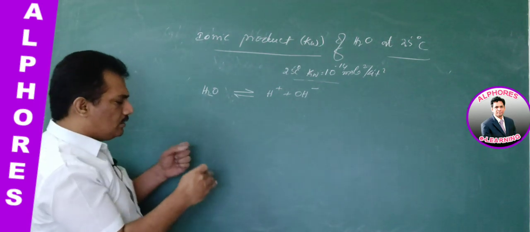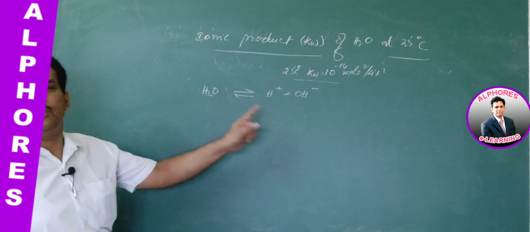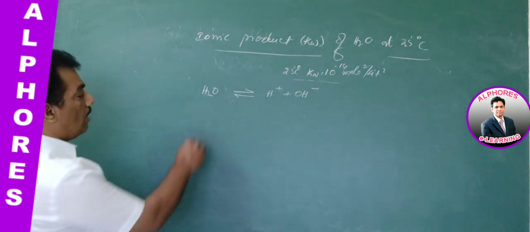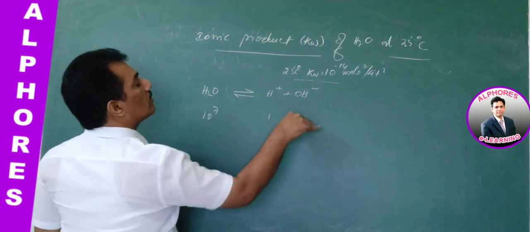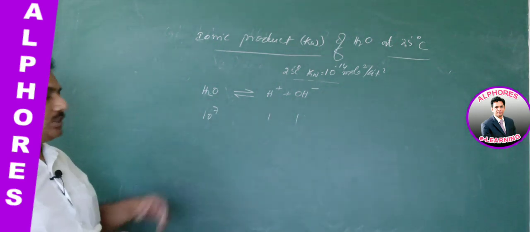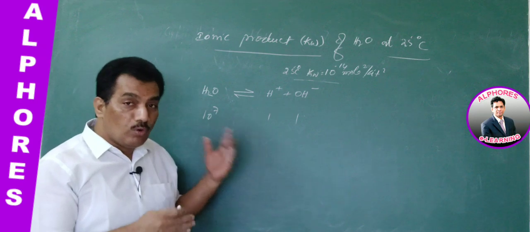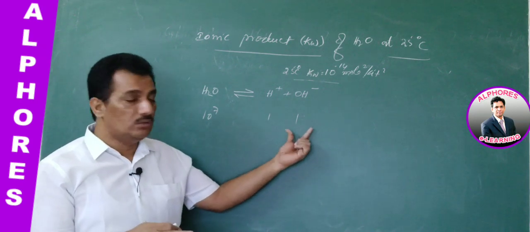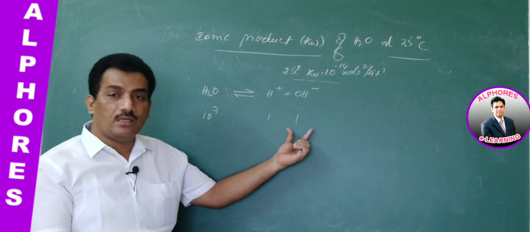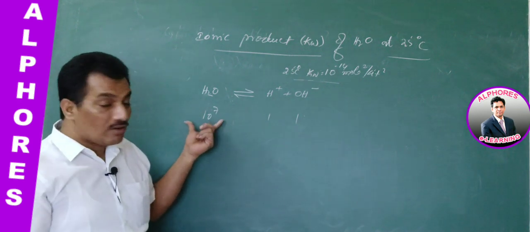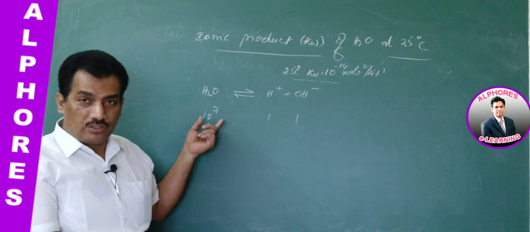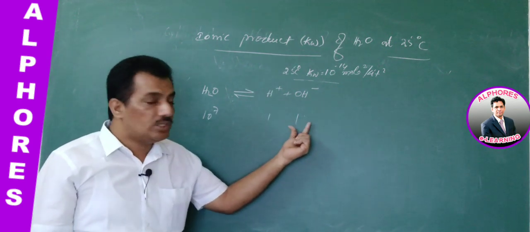Only a very limited extent of dissociation will happen. Out of 10 to the power of 7 moles of water, only 1 mole will undergo dissociation. Or in terms of molecules, out of 10 to the power of 7 water molecules, only 1 will dissociate.